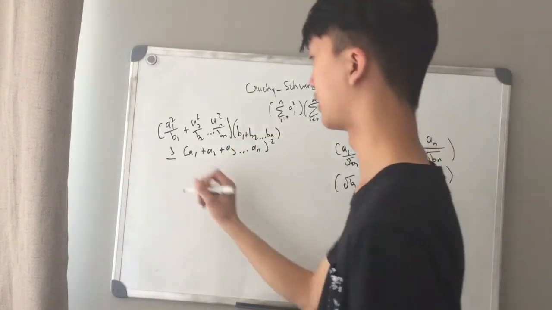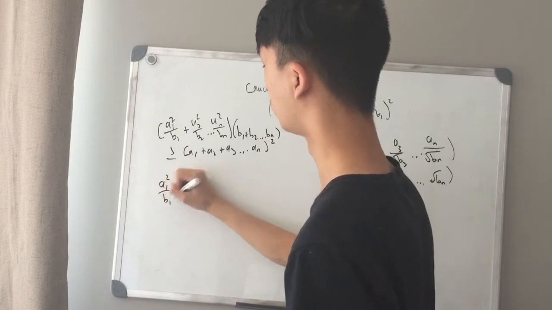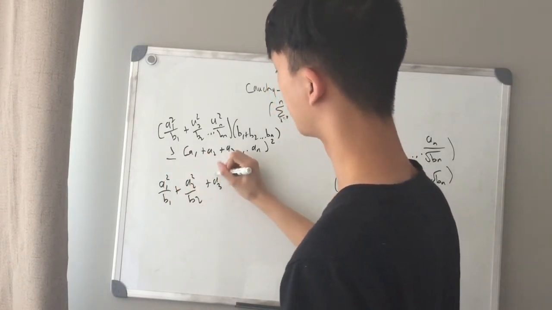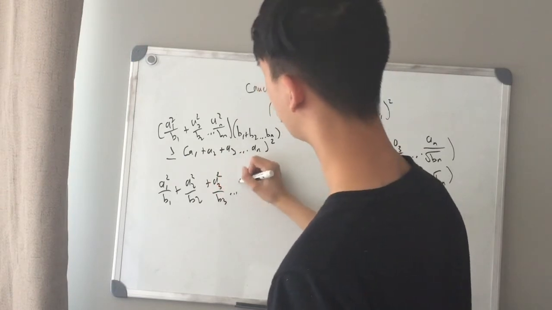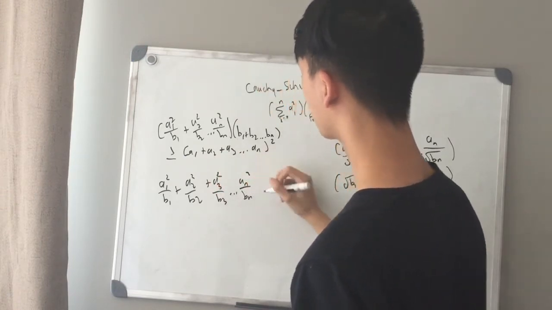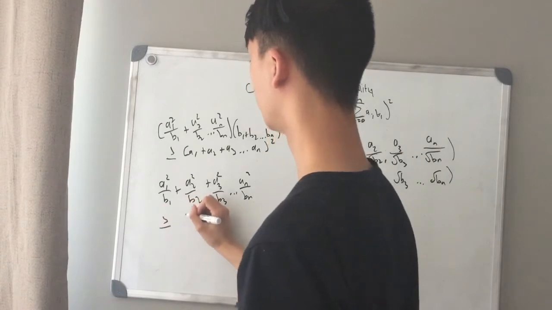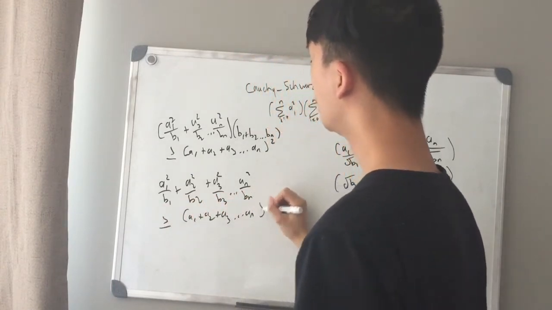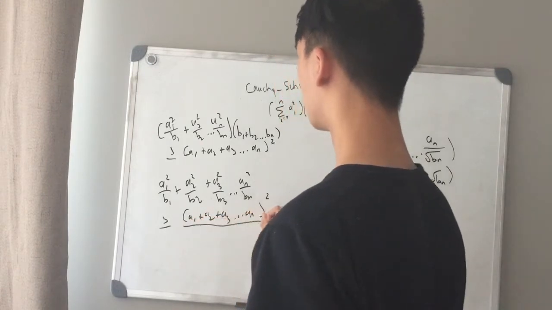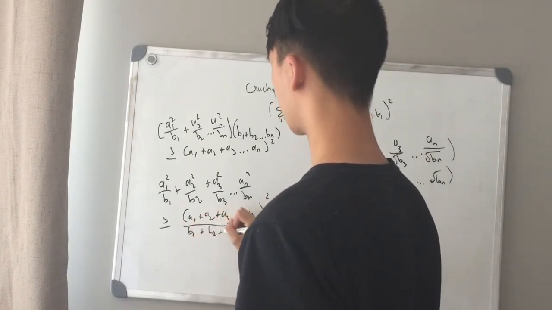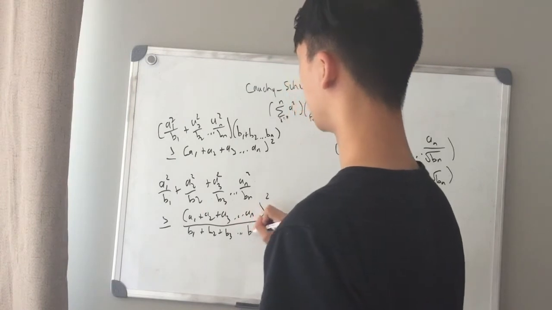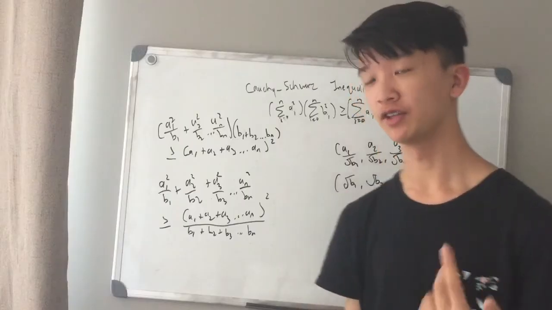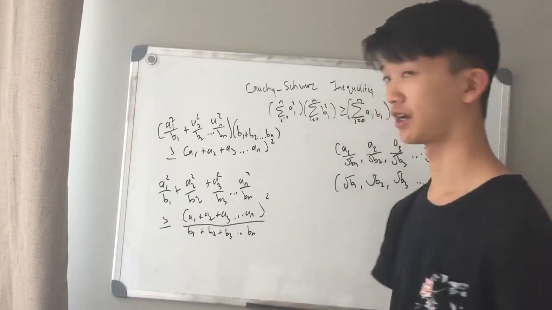Well, then we would get that a1 squared over b1 plus a2 squared over b2 plus a3 squared over b3 all the way to an squared over bn is greater than or equal to a1 plus a2 plus a3 all the way to an, all squared, over b1 plus b2 plus b3 all the way to bn. Now this inequality right here is known as Titu's lemma.